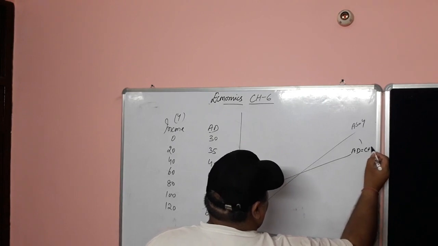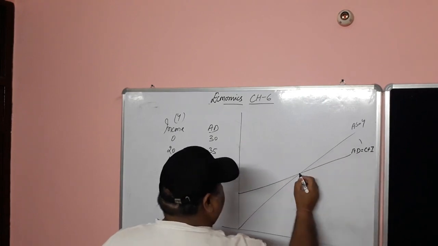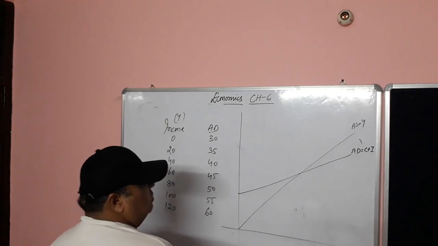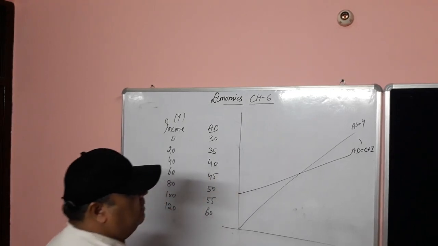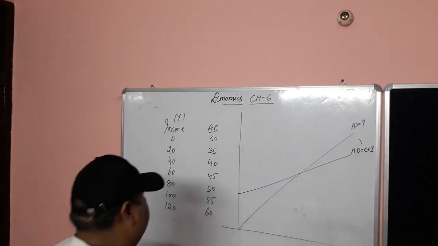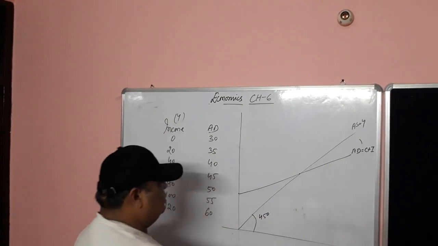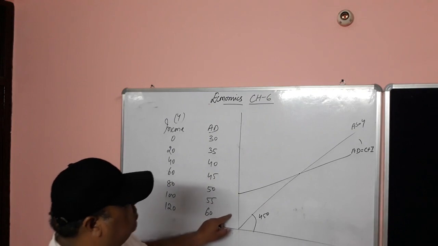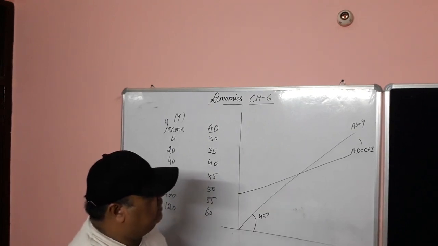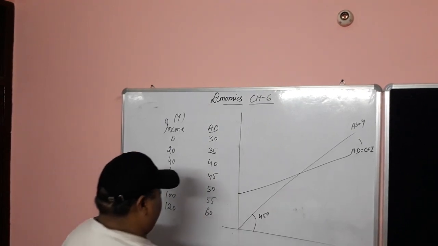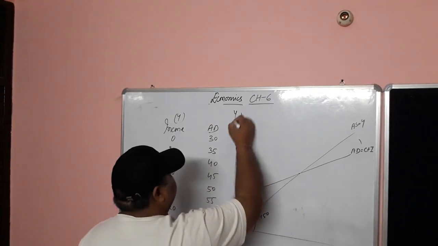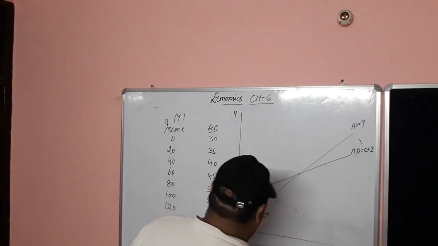It is consumption and investment. So this point is the point of equilibrium. The aggregate supply curve is at 45 degrees. And this one is your OY axis and this one is your OX axis.